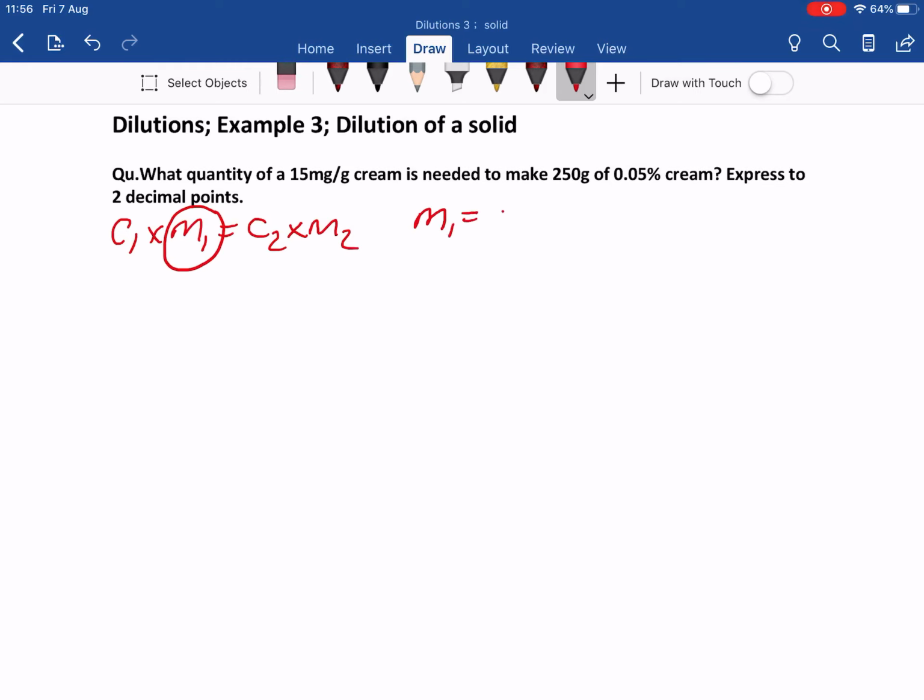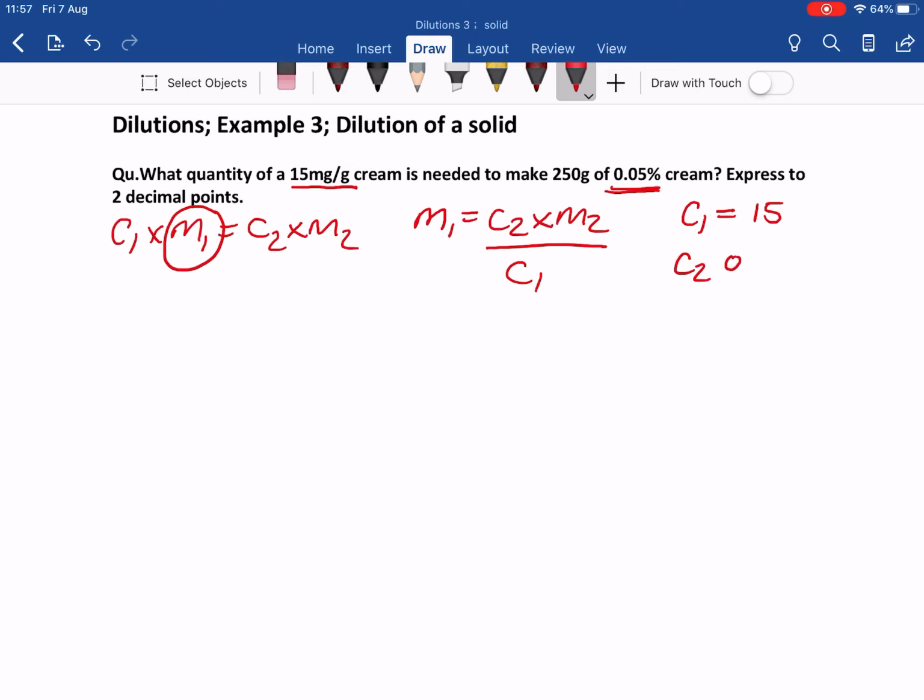M1 is equal to C2 times M2 divided by C1. We know C1, we're given that, it's 15 milligrams per gram. C2 we're going to have to calculate, I'm afraid, because we are given that as a percentage strength, but we need an amount strength.